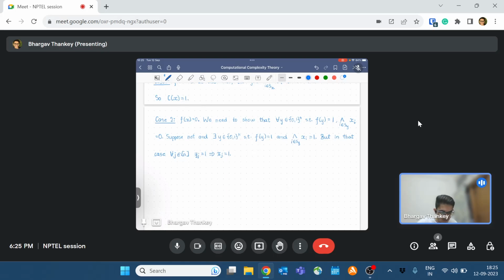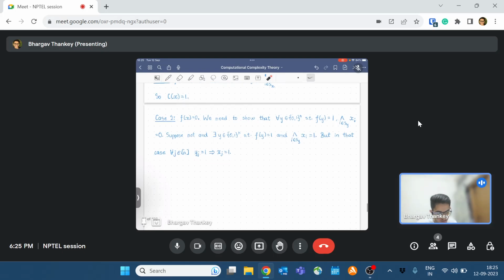So let's understand this. We are saying that there exists a y so that f(y) equals 1 and this gate evaluates to 1. Now the claim is that this would imply the thing written over here. Why? Because what is Sy?